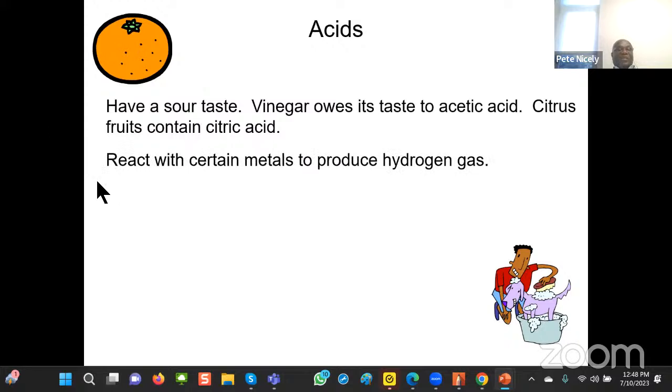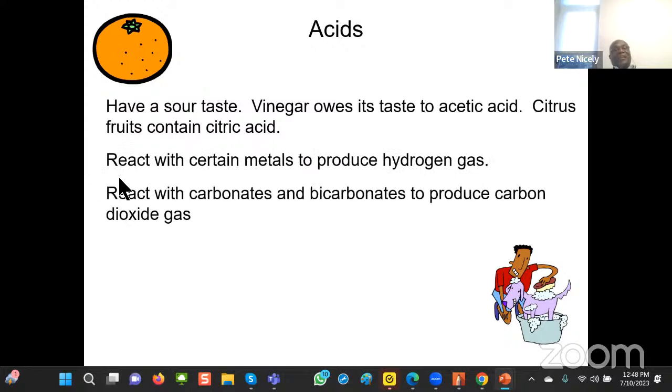Now, in terms of a chemical property that they display, they tend to react with certain active metals to produce hydrogen gas, and they also tend to react with carbonates and bicarbonates to produce carbon dioxide gas. This last one, you can actually perform at home.